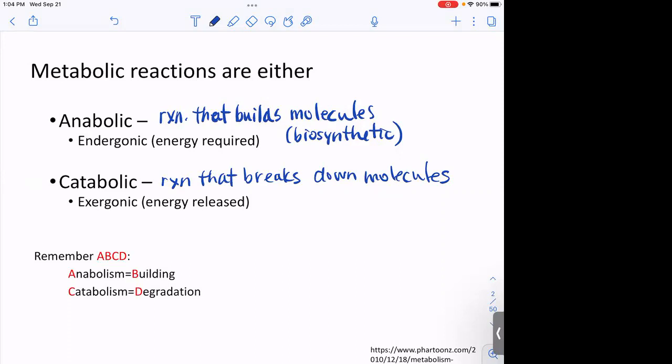And if you tend to get those two terms mixed up, there's a little mnemonic that I came across, ABCD. So anabolic builds, catabolic degrades. I don't know, maybe it helps. But these anabolic reactions and catabolic reactions in the cell have to be really tightly balanced. You can't have too much of one and not enough of the other.